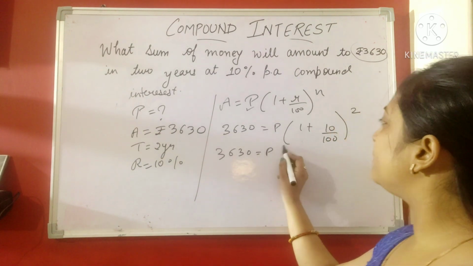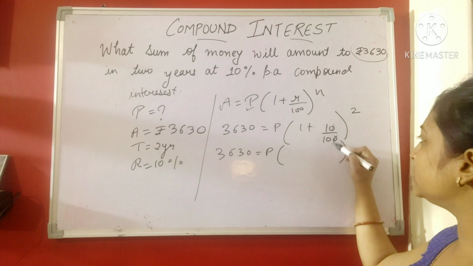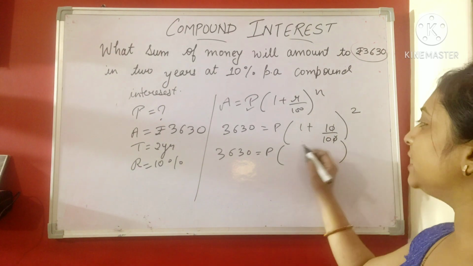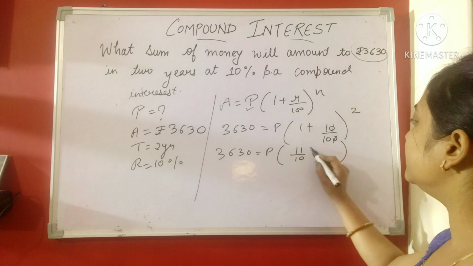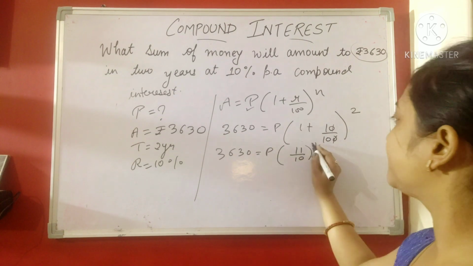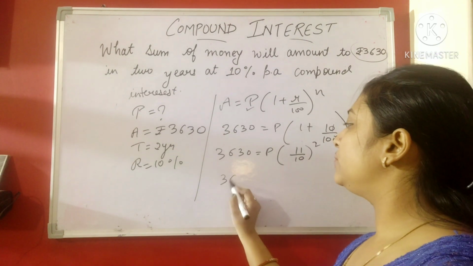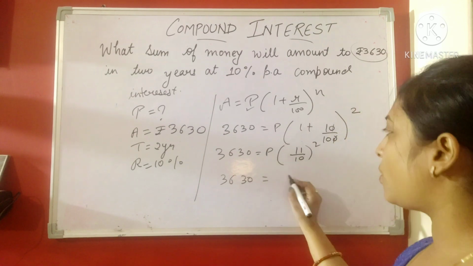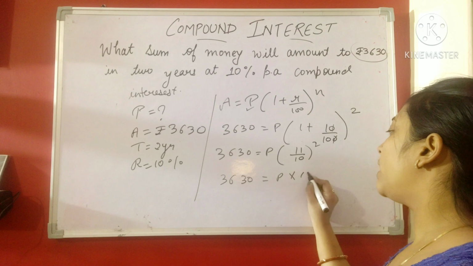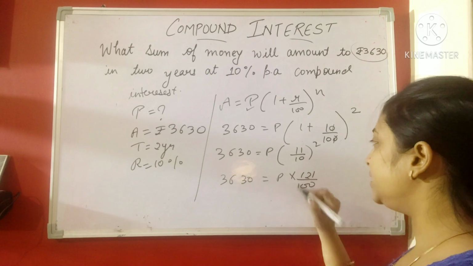3630. Simplify this here only, which is 1 by 10, and when we take the LCM, it will be 11 by 10 and power is 2. Fine. Now it will be 3630 is equal to 11 upon 10 square, which will be 121 by 100.